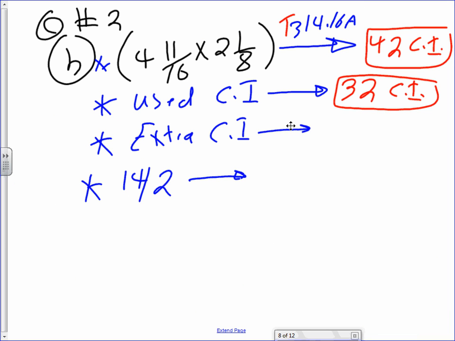Piece of cake, subtract the two from each other. 42 minus 32, I have 10 cubic inches extra that I can fill. Any questions, guys, about this? The used is 32. The extra left is 10 cubic inches. The total is 42, because the box is bigger than what we needed, so there's still an extra 10 in it.